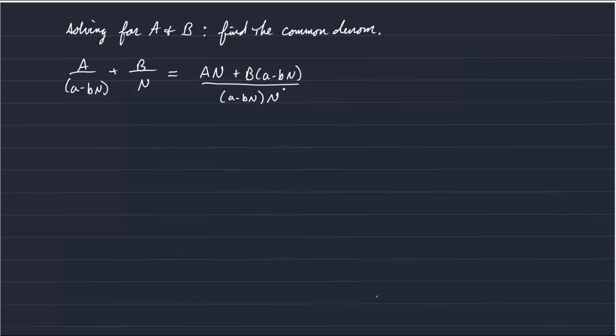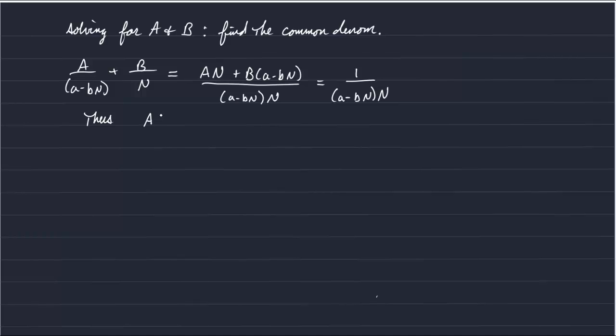Okay, so that's what we know, and this is equal to 1 over the product of (a minus b n) times n. We want to solve for capital A and capital B such that it's equal to that. For this to be true, the numerator must equal 1.